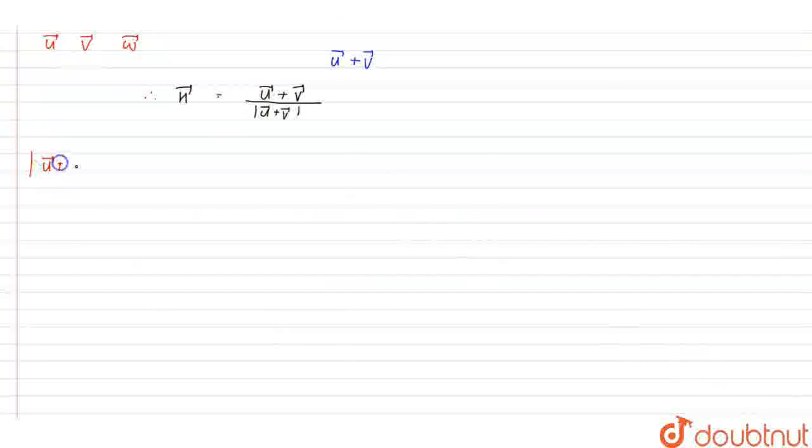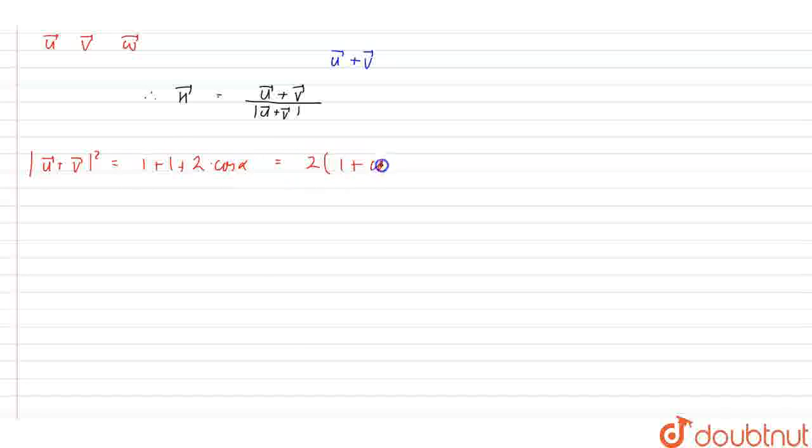mod of u vector plus v vector whole square equals 1 plus 2 cos alpha, which is equal to twice of 1 plus cos alpha. So this is equal to 4 into cos square alpha by 2. Therefore we get x vector equals u vector plus v vector divided by 2 cos alpha by 2.